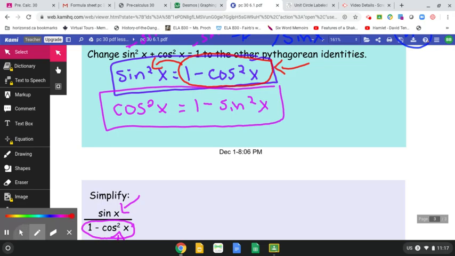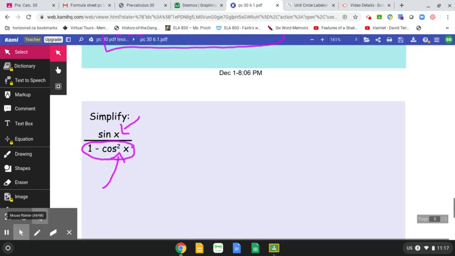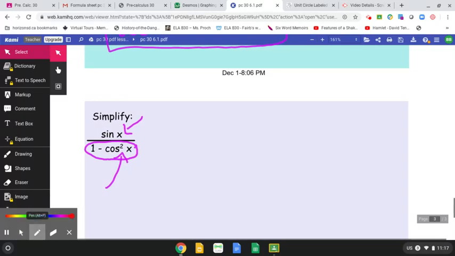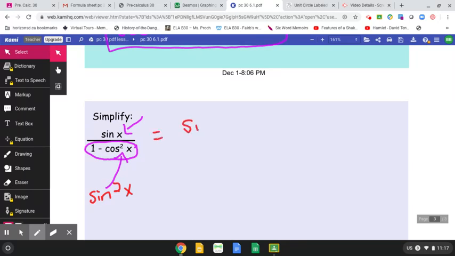So I can actually write down here that 1 minus cos squared x is actually equal to sine squared x because of that identity. So what I actually have is sine x over sine squared x. And then that's going to be nice because it will simplify.